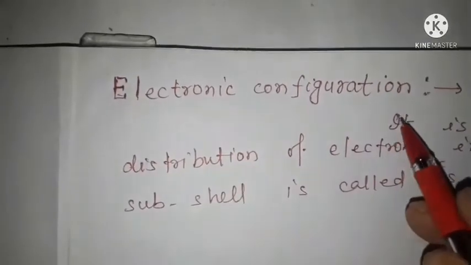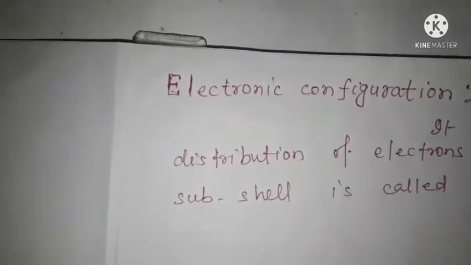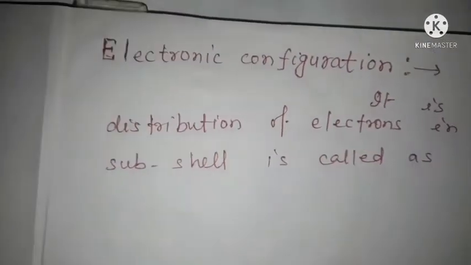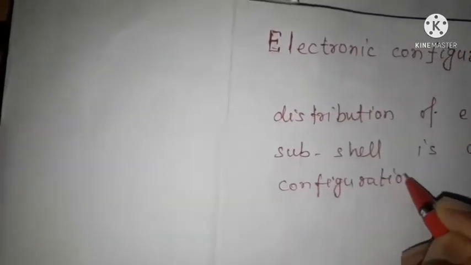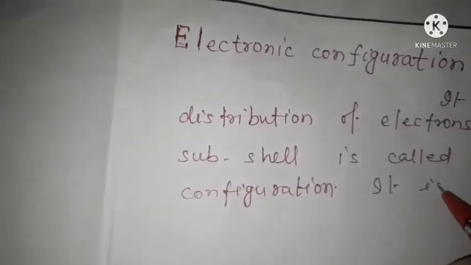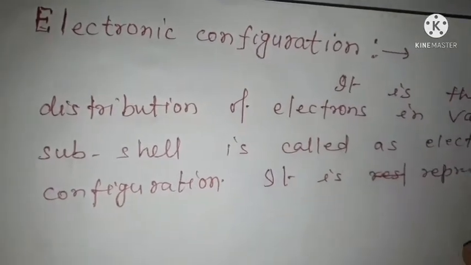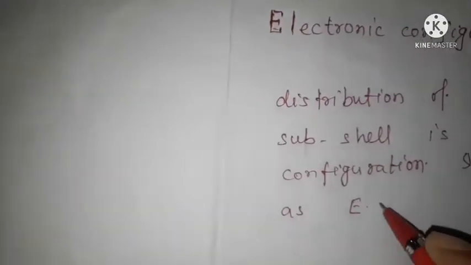Electronic configuration is defined as the distribution of electrons in various subcells. It is represented as EC.